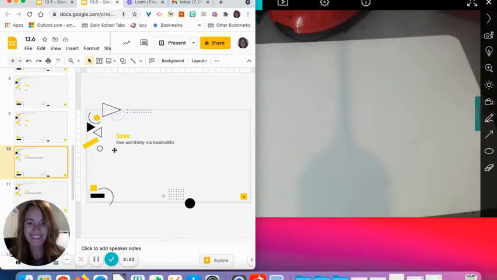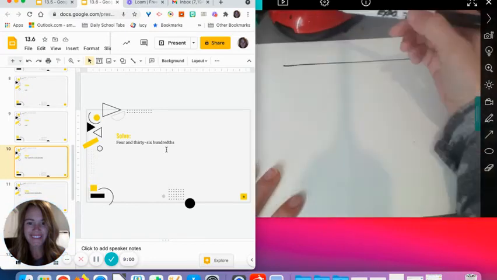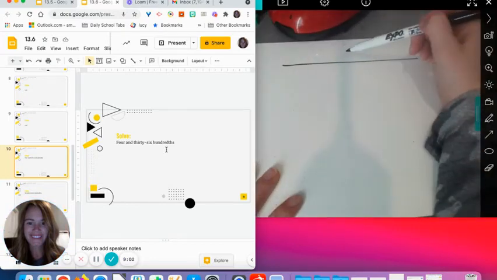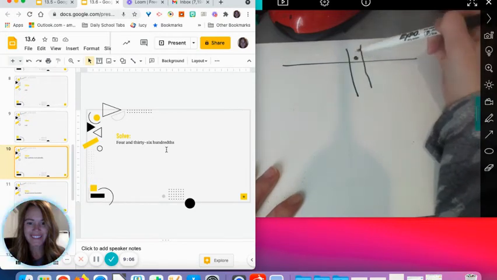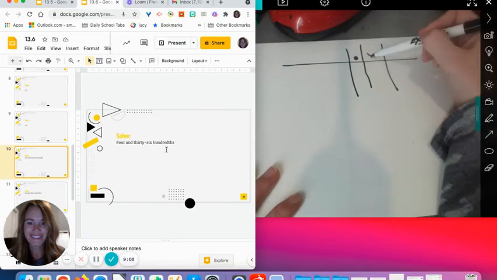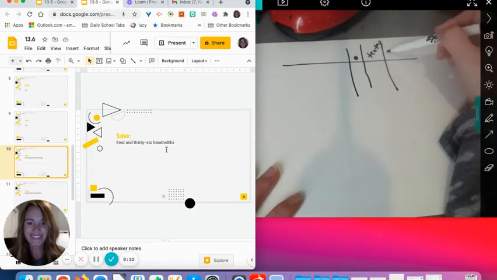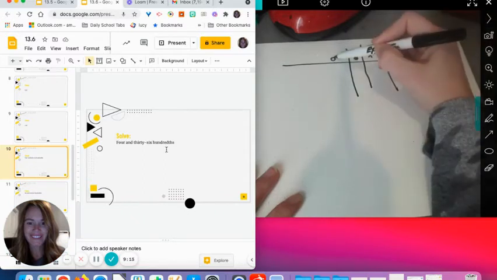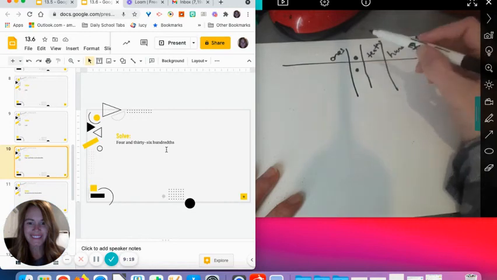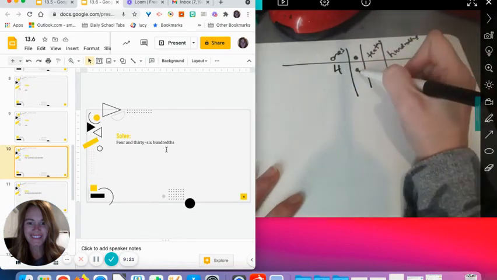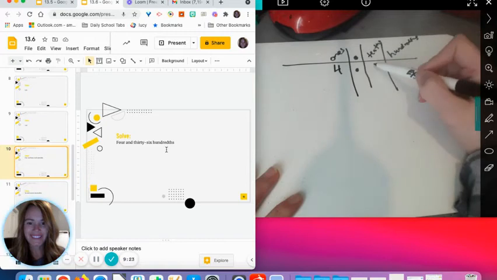All right, so let's look at this. If it says we have 4 and 36 hundredths, how can we write that in standard form? Well, let's get that here. Again, this is our tenths, hundredths, ones. Okay, so I see and here. So I had 4 and 36 hundredths.